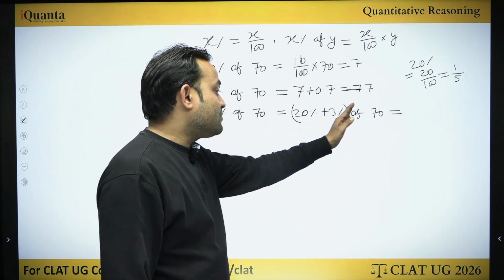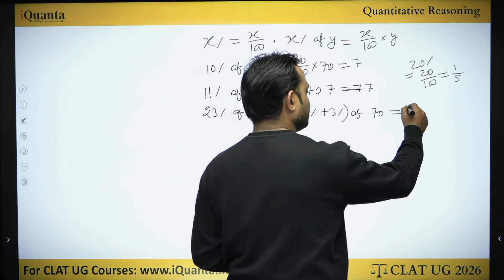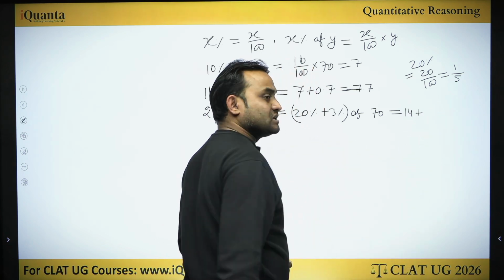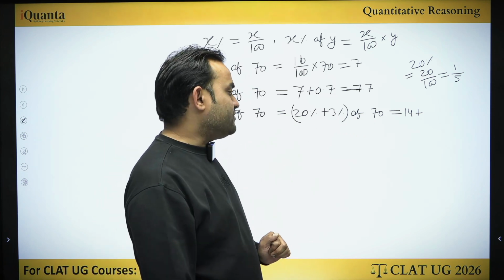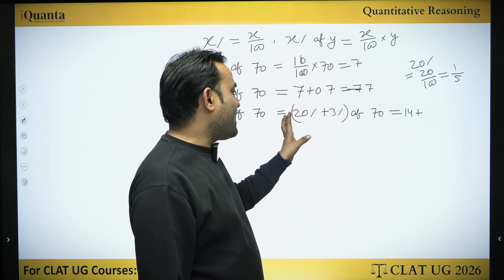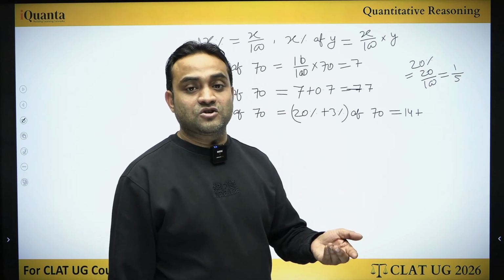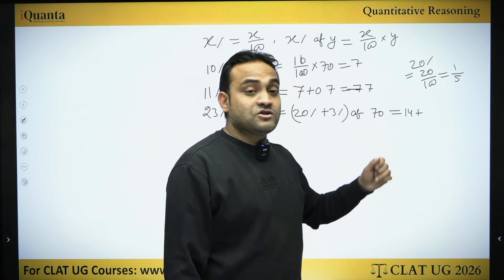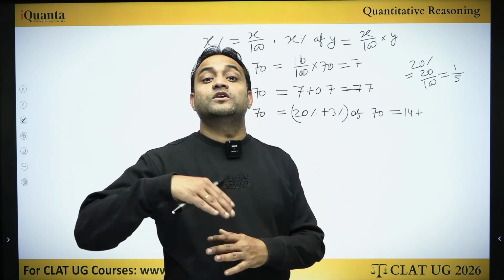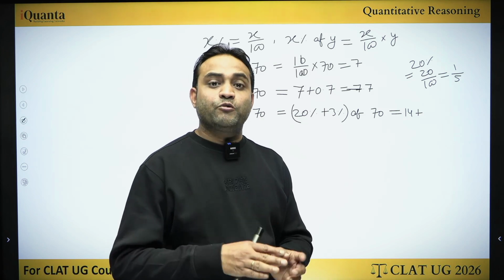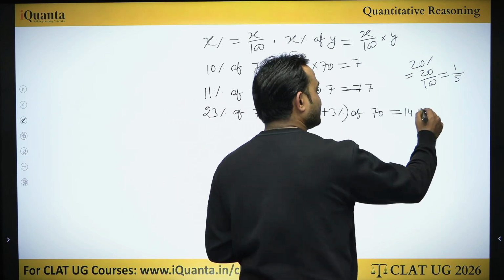So what will be 1 upon 5 of 70? It's very easy. 70/5 is 14. Now think about this. We need to find 3%, right? If I find 20%, what will be 1/10 of it? It means 2% of this number. That will be 1/10 of 14, which is 1.4. Now 3% is 1.5 times of that. So 1.5 times of 1.4 is 2.1. So add 2.1.